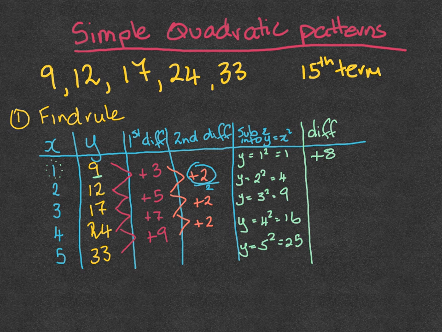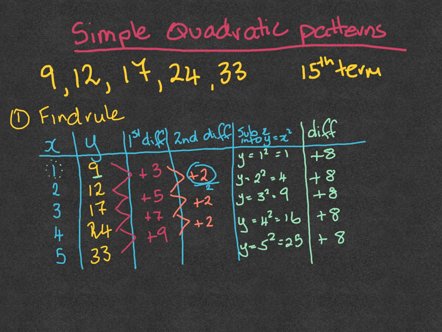Plus 8. And then we've gone to the next line now. What do you do to get from 4 back to 12? Well, that's plus 8 as well, isn't it? And so on. 9 to 17 is plus 8. And if we did it for all 5, we would notice that all of them are plus 8.